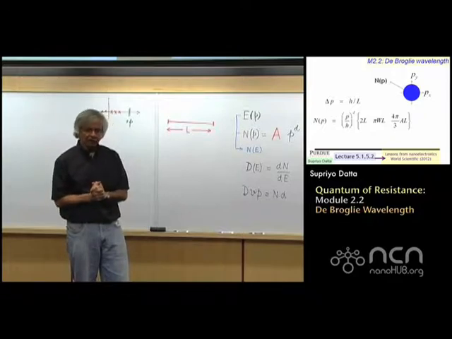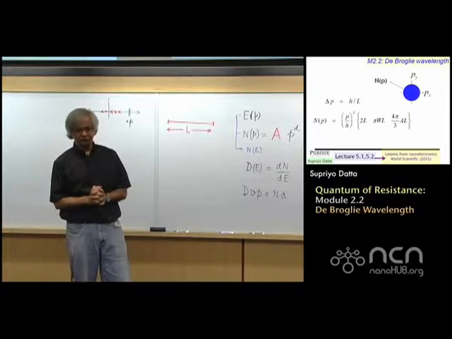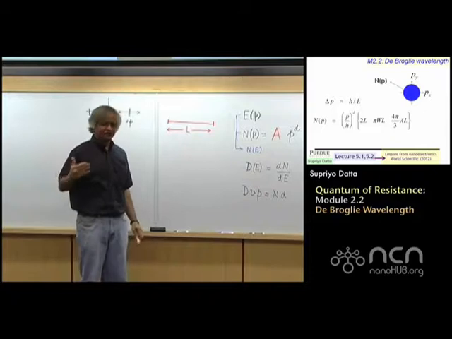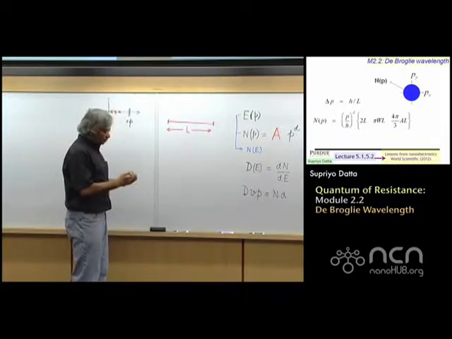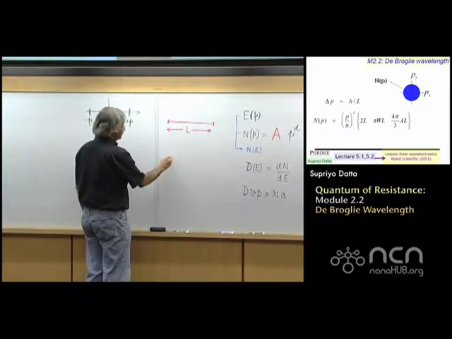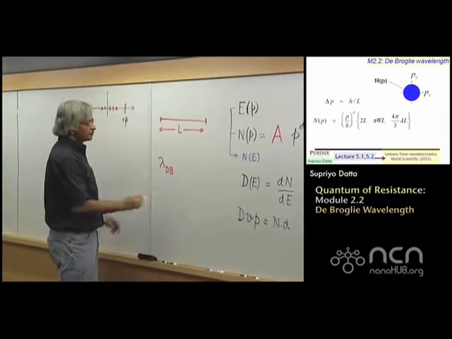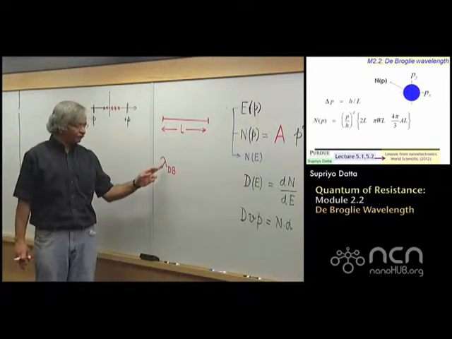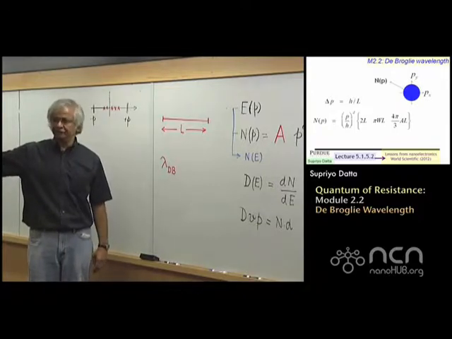Now, what I'll do here is use a very simple model to account for the wave nature of electrons. And that is this idea, I'm sure you have heard of it in freshman physics, that electrons with a momentum p act as if they have a de Broglie wavelength. I'll put a dB here to denote de Broglie, because I've already used lambda for something physically completely different, namely mean free path.